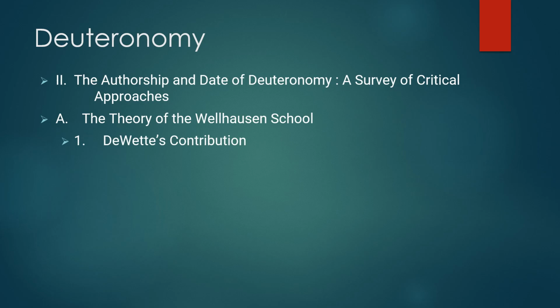Well, that assumes that this account is reliable. If you question the historical reliability of 2 Kings chapters 22 and 23, then you lose the linkage for a definite historical date for the book of Deuteronomy. Now, the interesting irony is this: Deuteronomy is a pious fraud, but Kings must be historically reliable.